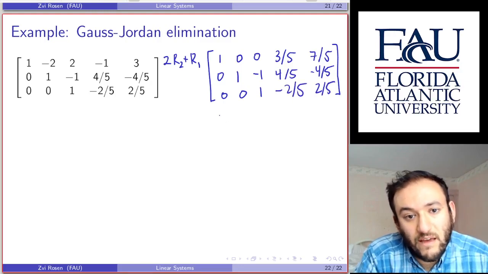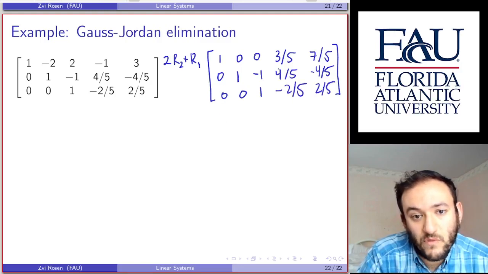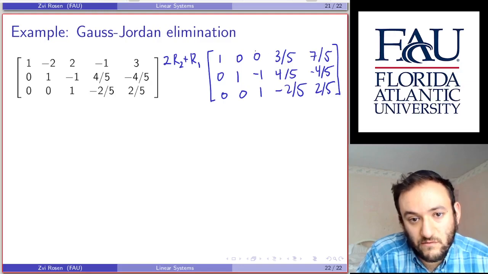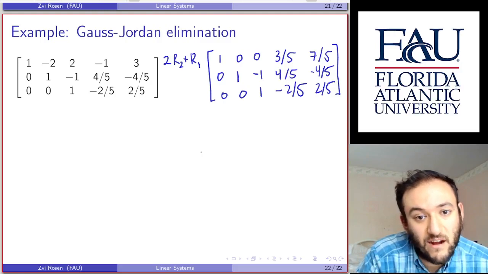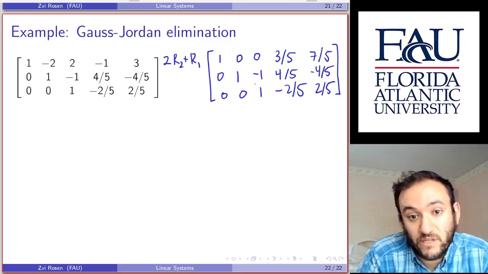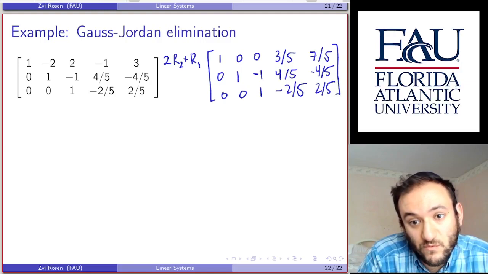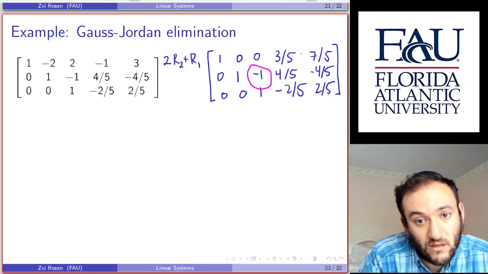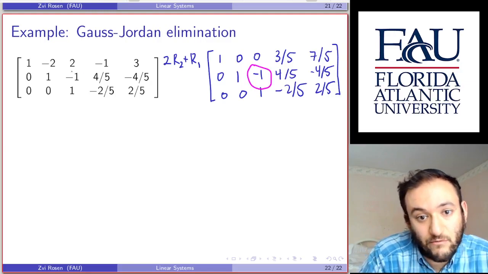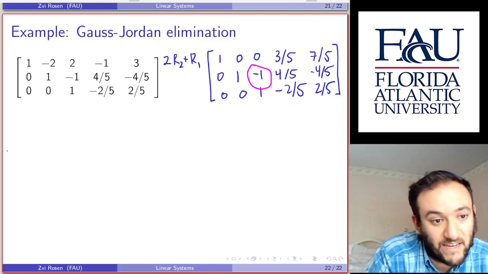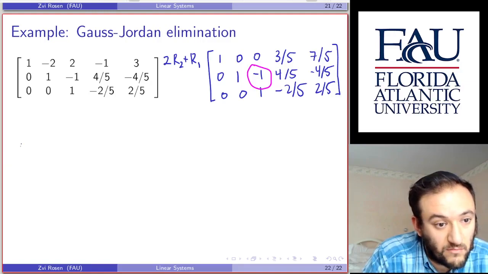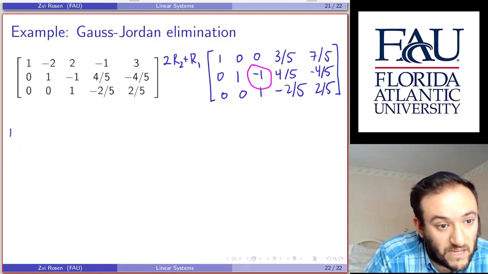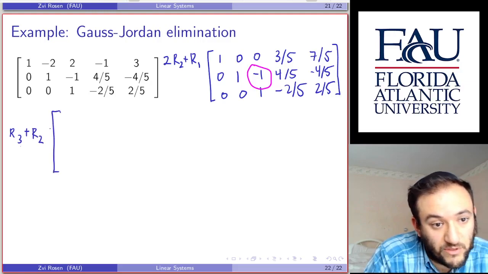Okay, now this entry here is already 0, so we're in good shape there. The only entry above a leading one that we need to eliminate is this one, which I'll highlight in pink, and let's get rid of it. The way we can get rid of it is by adding the third row to the second row. So we'll do 1 times R3 plus R2, and we'll put that in the second row.